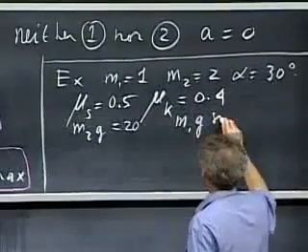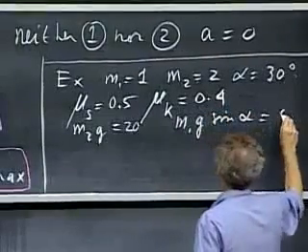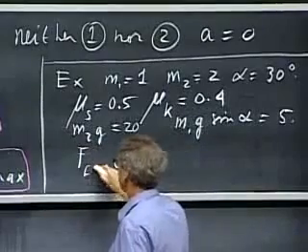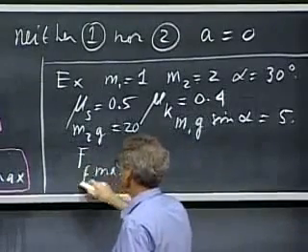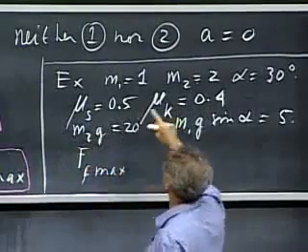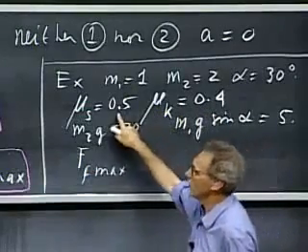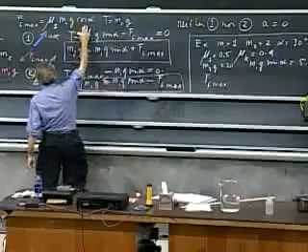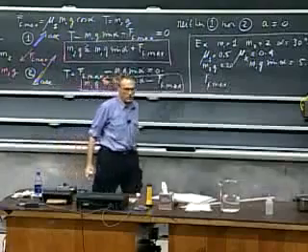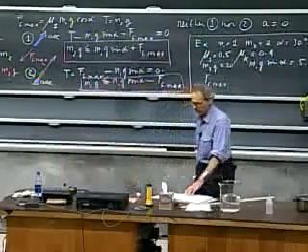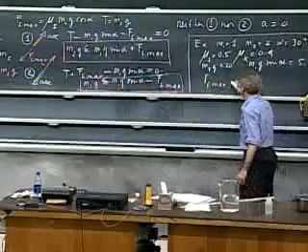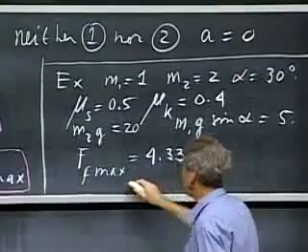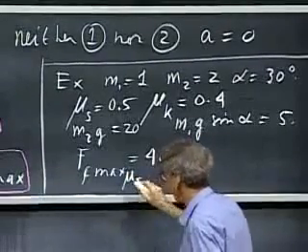And what is FF maximum? I have to use for my friction coefficient 0.5. I have to use for M1 here a 10 and have the cosine of 30 degrees. And what I find, you have to take my word for it, is about 4.33. And I want to remind you, I have used the static friction coefficient.